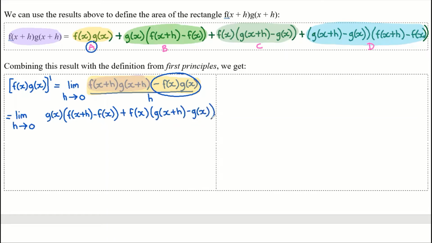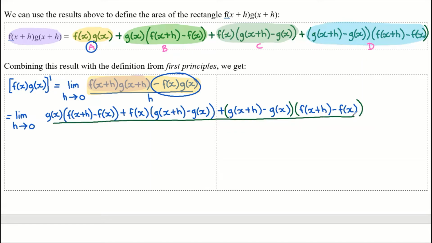Okay, and then plus g of x plus h subtract g of x, and that's all multiplying the next difference, which is of course f of x plus h subtract f of x. Right, wow, so that's really long. Now all that is going to be divided by h.